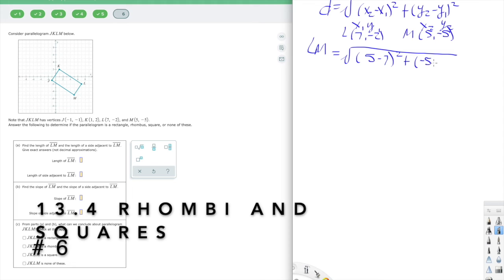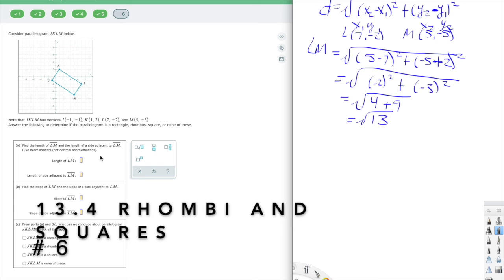Make sure you leave this minus. It's part of the equation here, so that doesn't go away. Now I have 5 minus 7, that's negative 2, plus negative 5 plus 2. Minus negative turns into a plus, so I end up with negative 3. Now I have 4 plus 9. That gives me 13, so I come over here and go square root of 13.